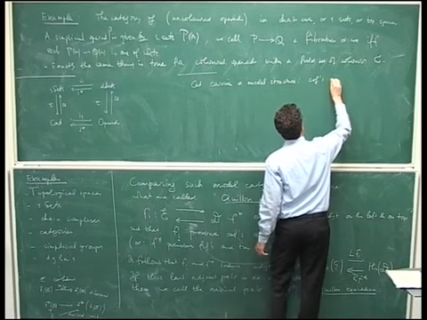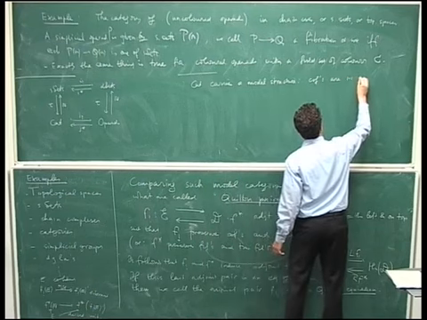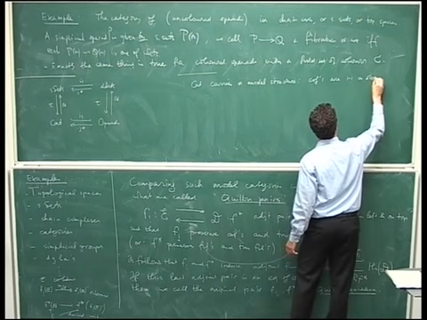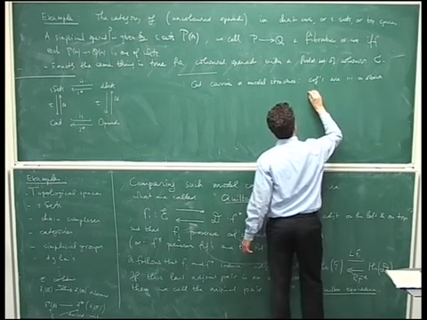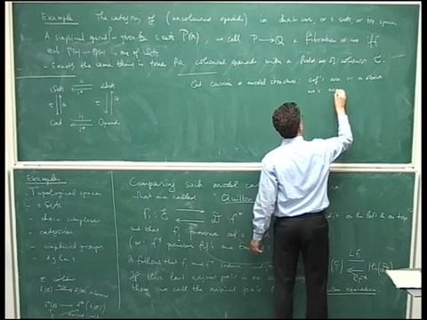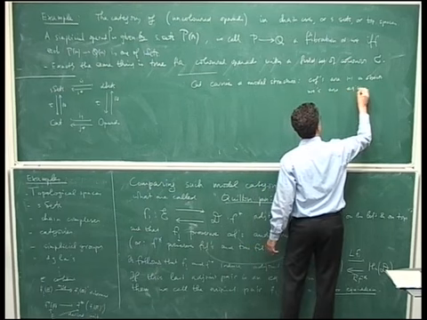Cofibrations are the functors which are one-to-one on objects. Weak equivalences are equivalences of categories.